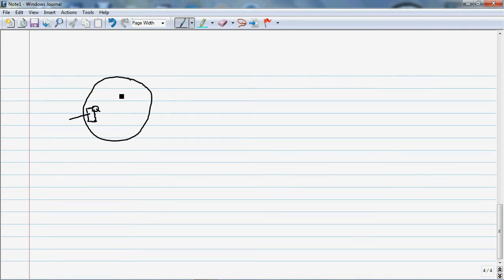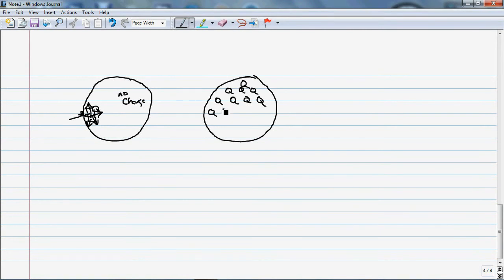Well, there's no charge here at the moment. I have a lot of charge at this little area. And all of the forces are going to push these charges around until I get to a point where I have charges evenly distributed along the surface.